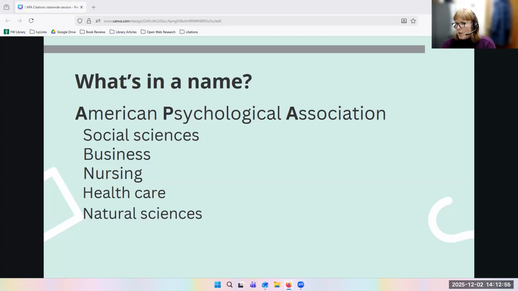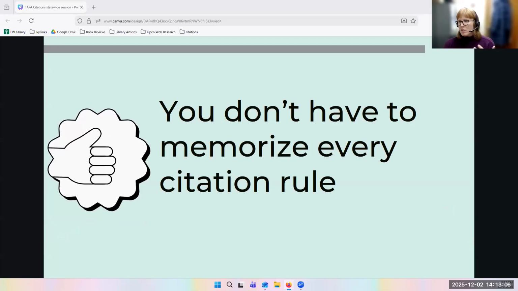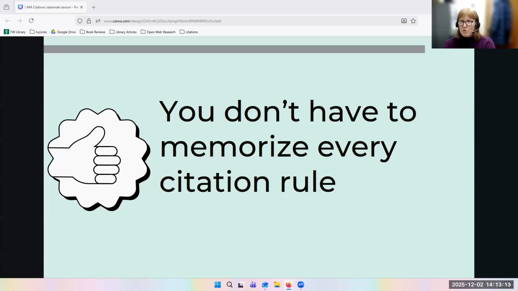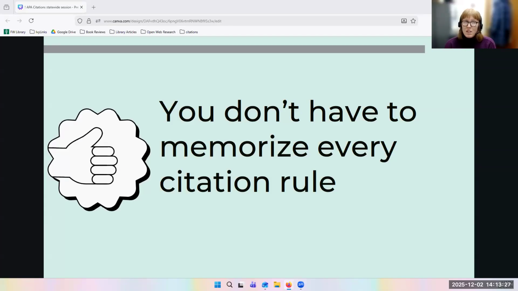So with all these APA rules that we talk about today, please know that you don't have to memorize every single rule. It can feel overwhelming. I understand that. We won't go over every single instance of a specialty of this type of source or that type of source. We'll go over the general structure of what is required in APA and talk about different basics and common things that you'll see.